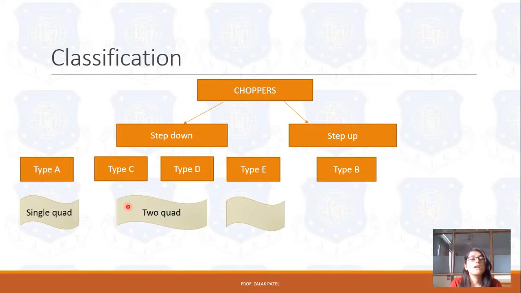If it is operated in 2 quadrants, then it is possible with either type C or type D chopper. And in a 4 quadrant operation, this is most important, type E chopper is operated in all the 4 quadrants. How it can be operated, we will see in detail. So this is the classification of choppers.